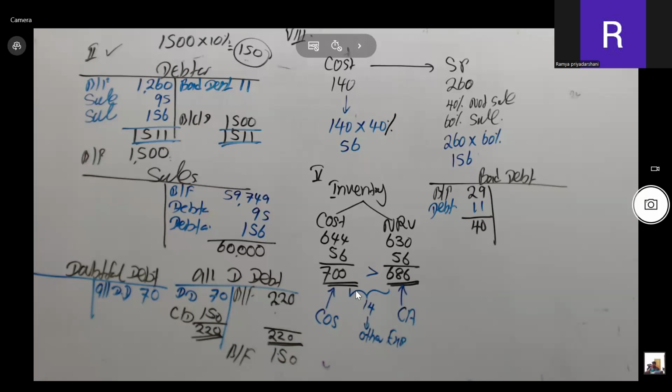Bad debts should be recorded under sales and distribution expense, but doubtful debts also under sales and distribution, with the value recorded within brackets. Reason: over provision. Sales should be recorded in the income statement. And debtor as well as allowances for doubtful debts should be recorded under current assets.